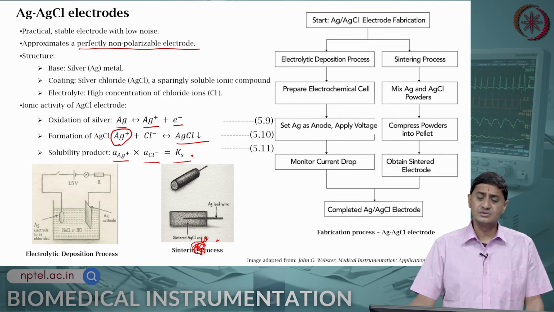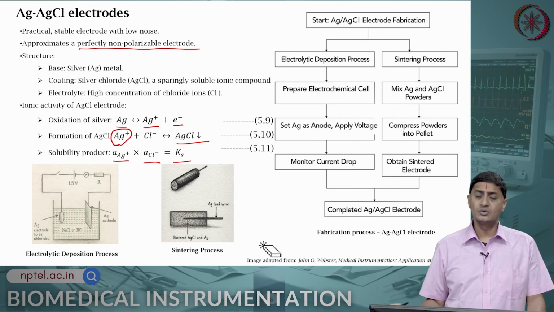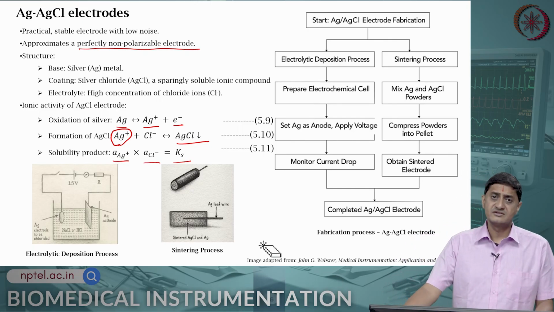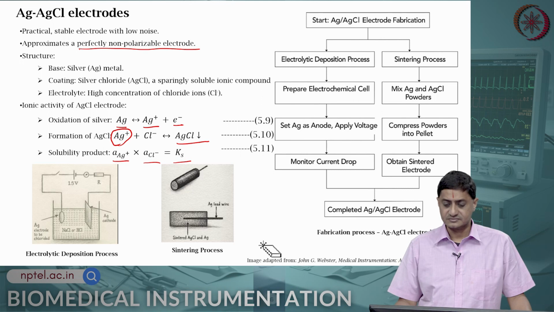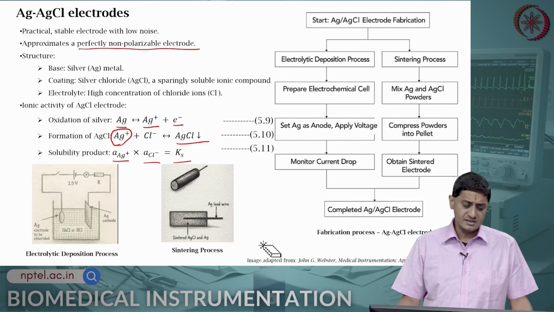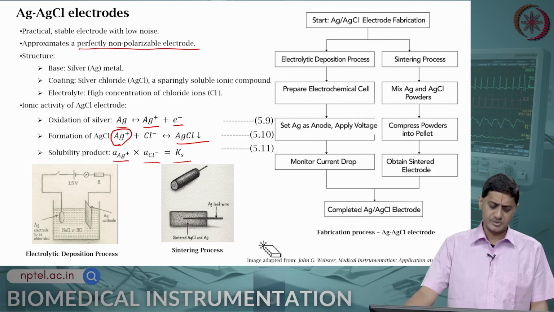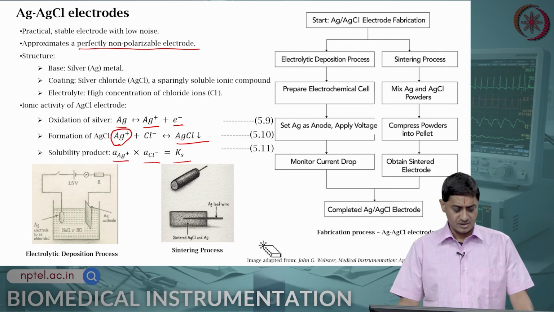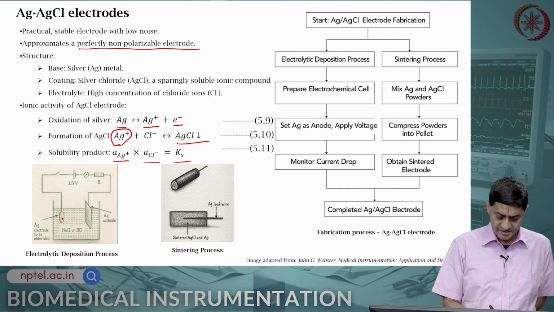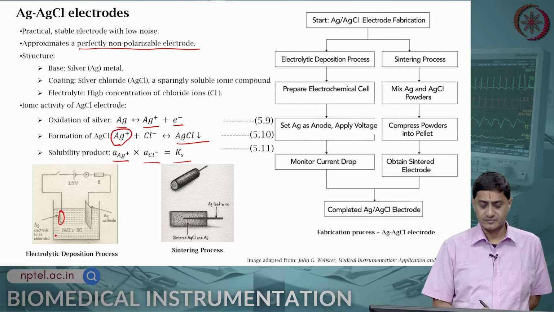There are two definitive processes to fabricate a silver silver chloride electrode. One is the process of electrolysis. In this process, typical electroplating, you have a silver electrode on which you want to deposit silver chloride, a current limiting resistor and a battery through which you send current.